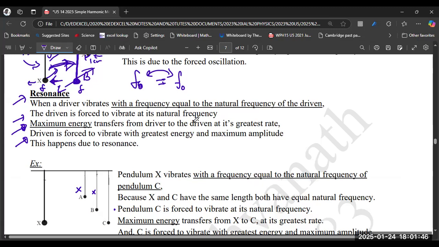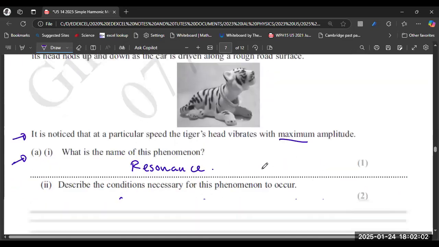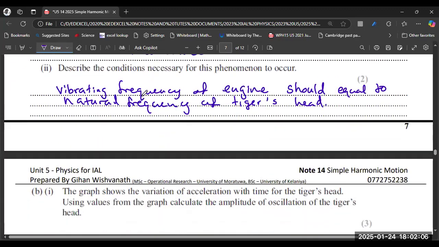Maximum energy is transferred from the engine to the tiger's head at its greatest rate, so the head vibrates with maximum amplitude. This happens due to resonance. We only need to write this.